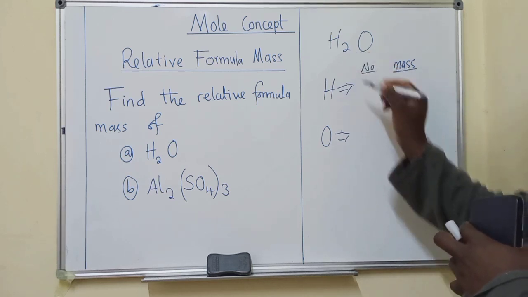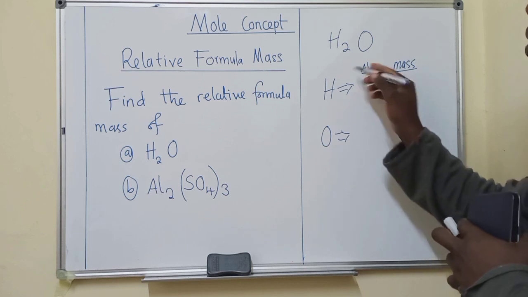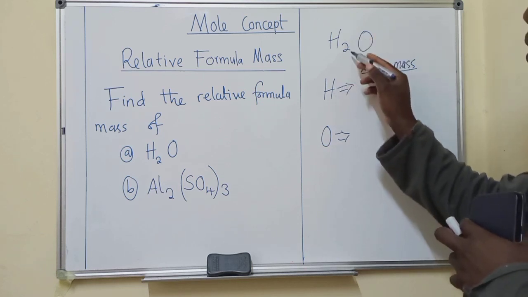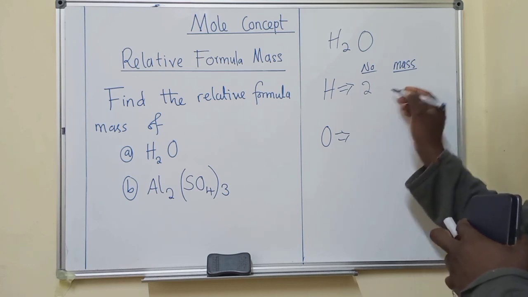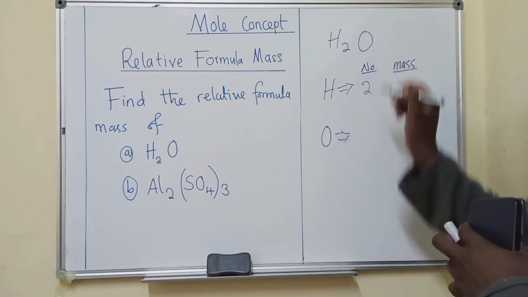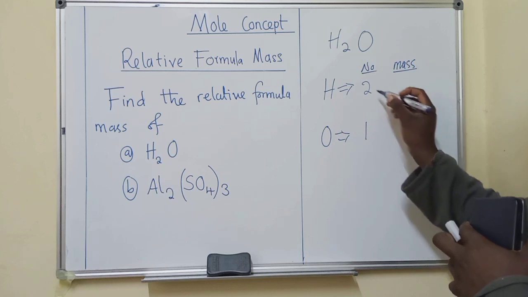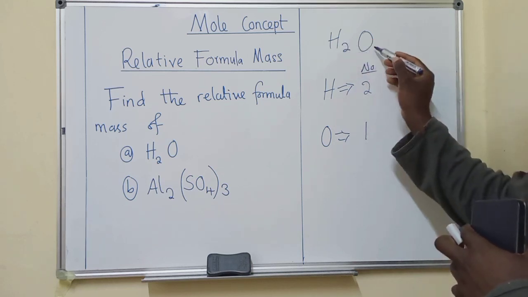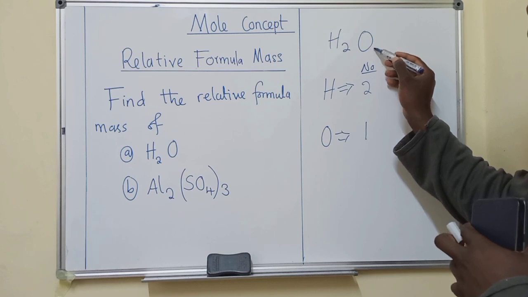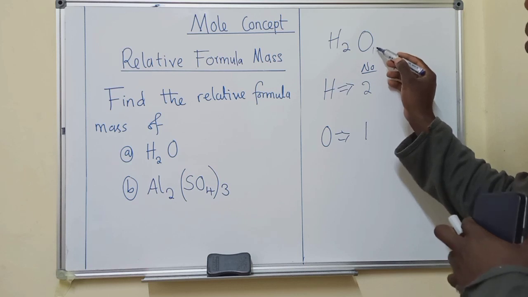Okay, so we start with the H. On H, what is the number of atoms? We have 2. And then for oxygen, what is the number of atoms? It's 1. So for the number of atoms, you just get the number that is right here. For oxygen, we can't see anything here. There is a 1.